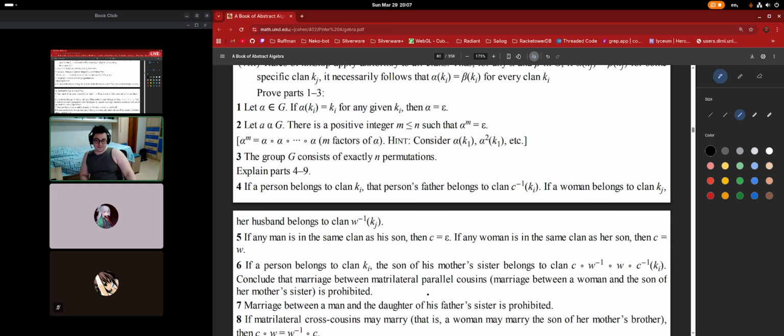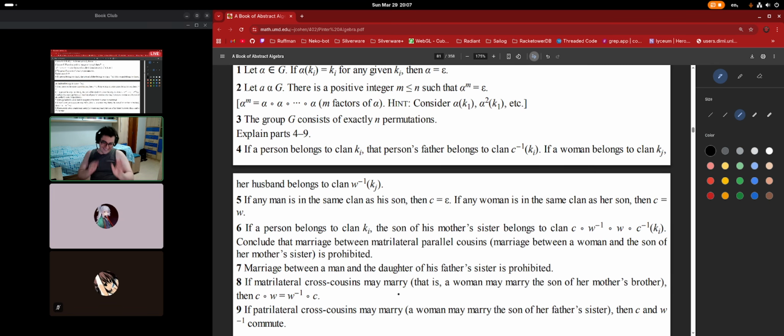If a person belongs to clan Ki, the son of his mother's sister, so that's your cousin, belongs to the clan this thing. Okay, so let's take a look. You first get the clan of your dad, then you have the clan of your mom, which is the same clan as her sister, right?